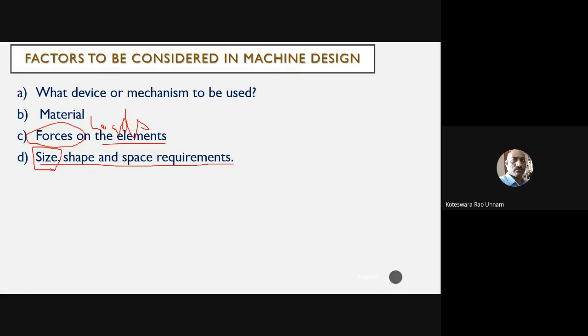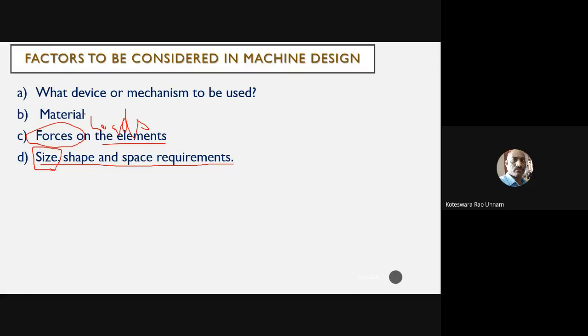Okay, you need to produce this diameter shaft. The design engineer doesn't say it just like that. He has to make sure that whatever size he got from the calculations is practically feasible or not. He has to verify that also. So that is one more important factor, size.